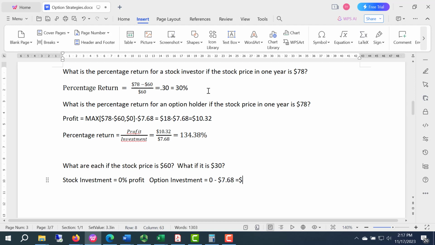So our profit is going to be negative $7.68. And then our return, if we calculated the same as what we did here, our percentage return would be equal to negative 7.68 divided by 7.68. So our return would be negative 100%. We'd lose all of our investment there.